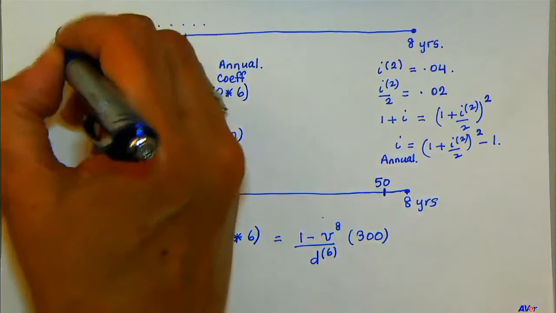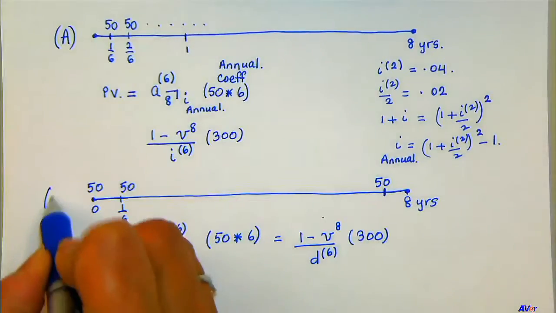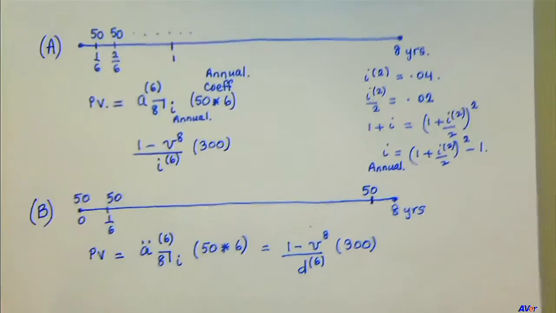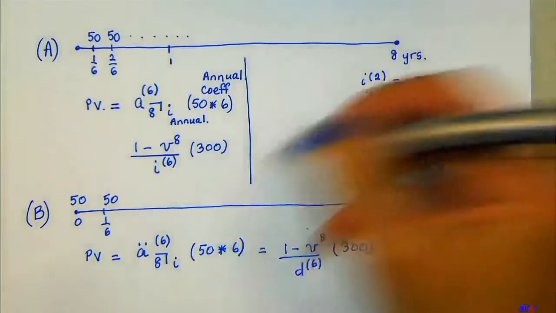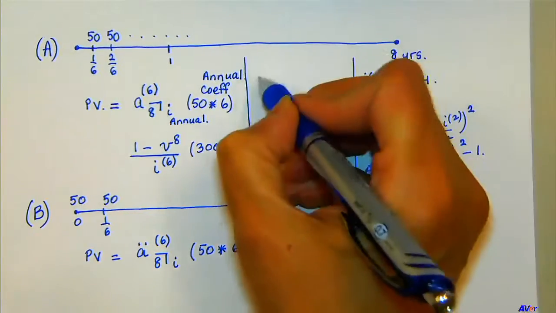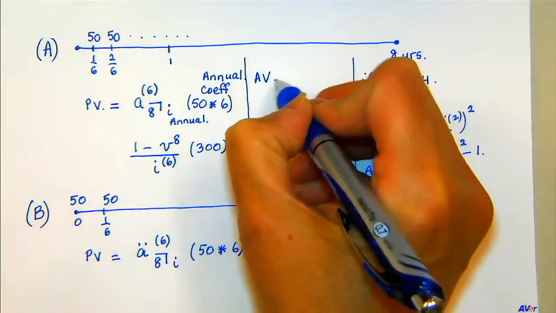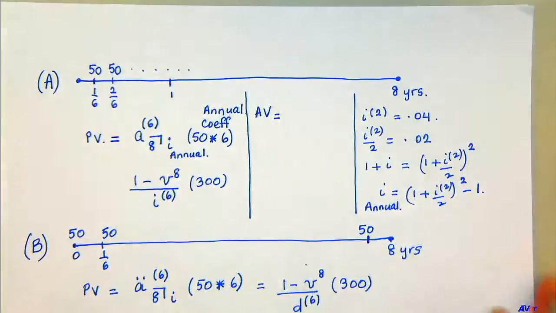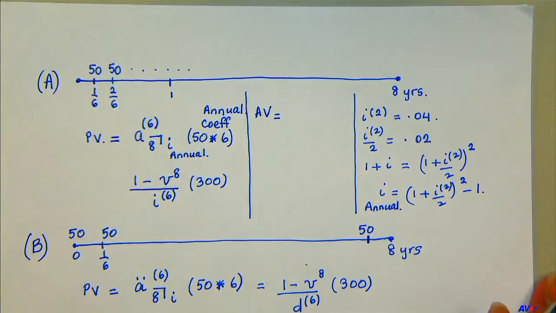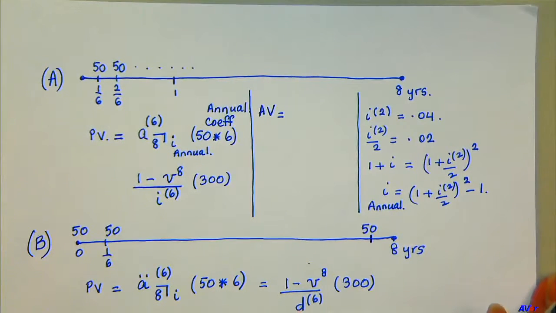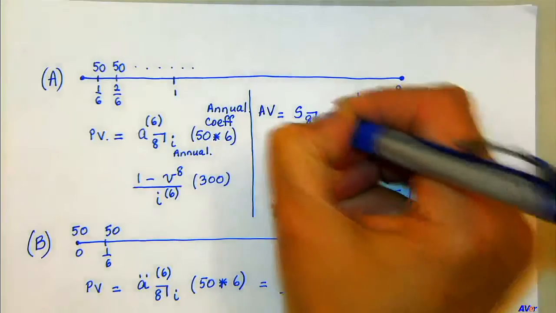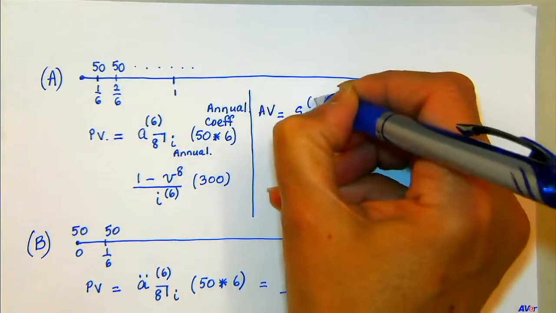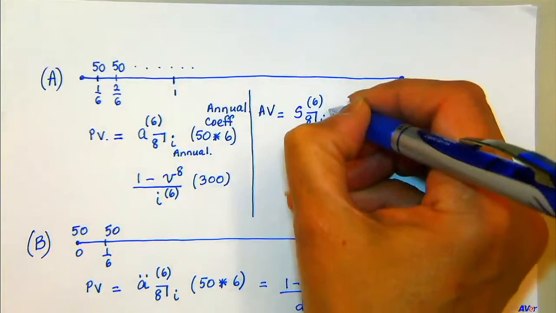Okay, what about accumulated value? Let's call this A, and let's call this B, and let's talk about accumulated value of A. Accumulated value equals what? Not A angle, but S angle 8, i(6), times 300.